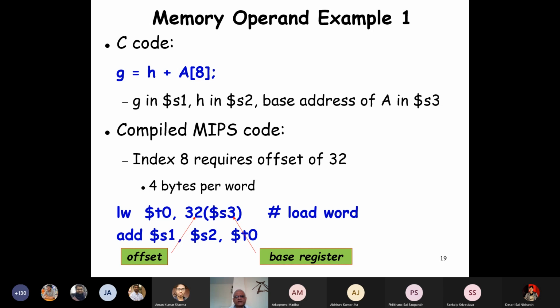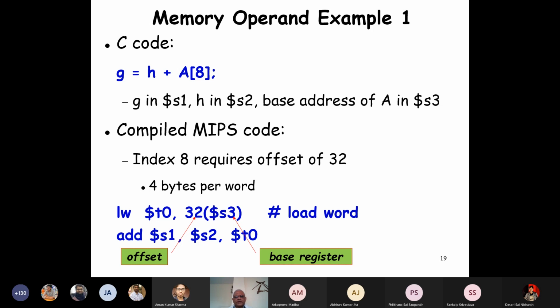Now let's do this example program today, that we want to add variable H with an array element A[8], and we want to store that in G. And G is in register S1, H is in register S2, and the base address of array A is in S3.